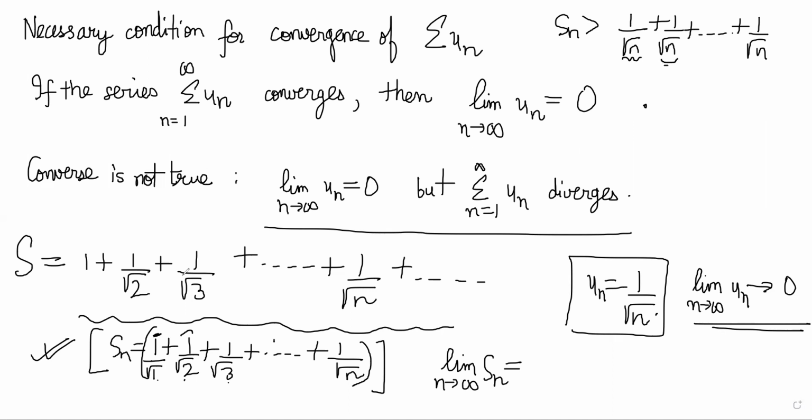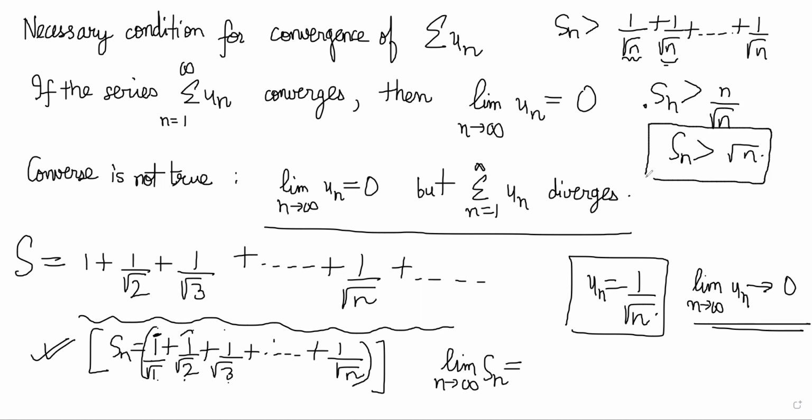So we are replacing each term with 1 by root n, and we get the inequality that Sn is greater than 1 by root n plus 1 by root n till 1 by root n. This is n times, so n by root n, and Sn is clearly greater than root n. So limit n tends to infinity, Sn is infinity.